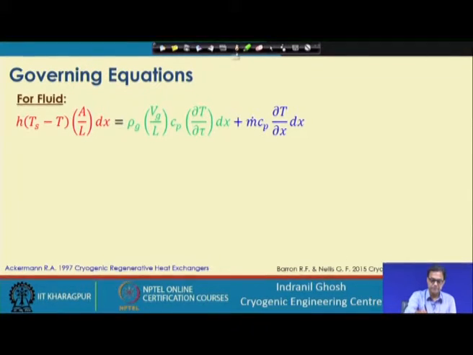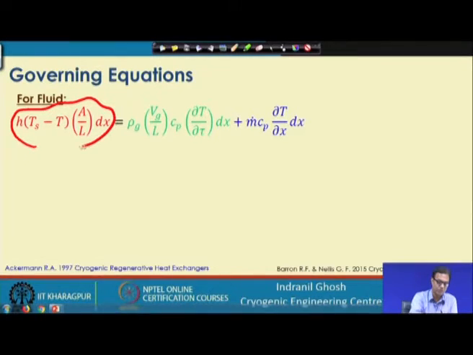So, this is particularly the amount of heat, and we have talked about the hot fluid in the cold cycle, I mean, when the cold fluid stream is flowing through the regenerator. So, this is the amount of heat either given by the hot fluid or received by the cold fluid, either way.